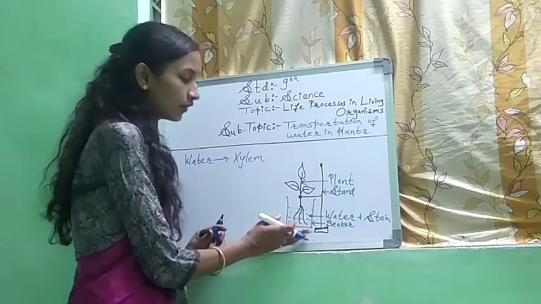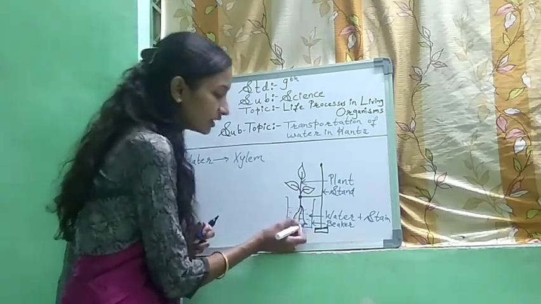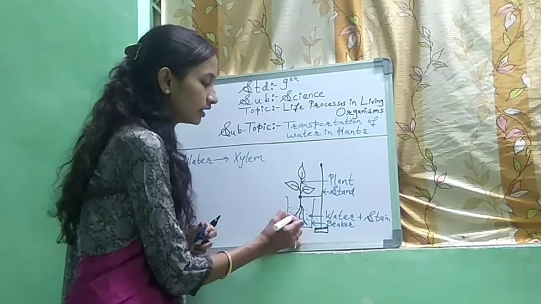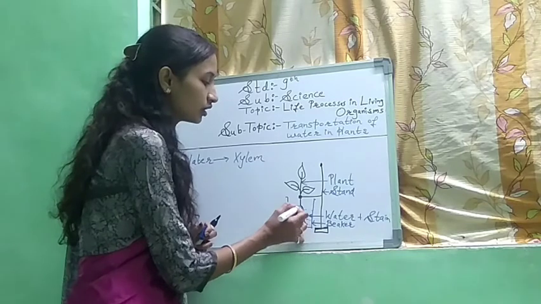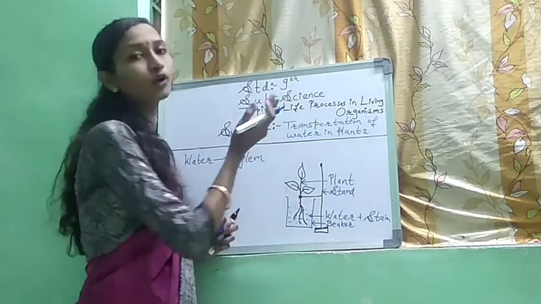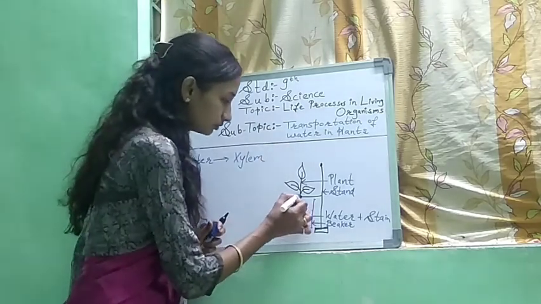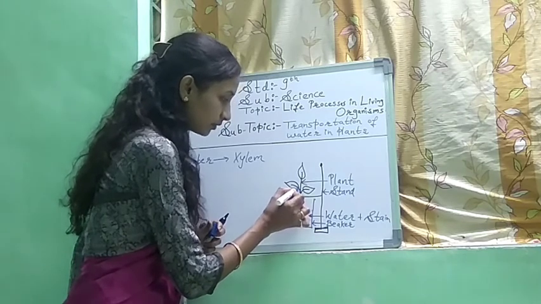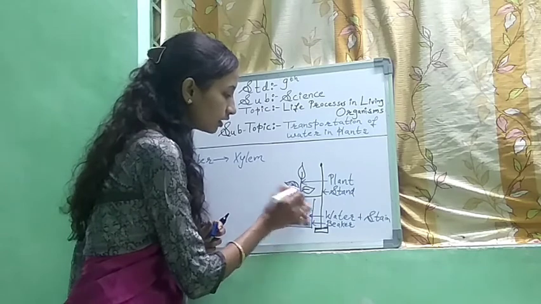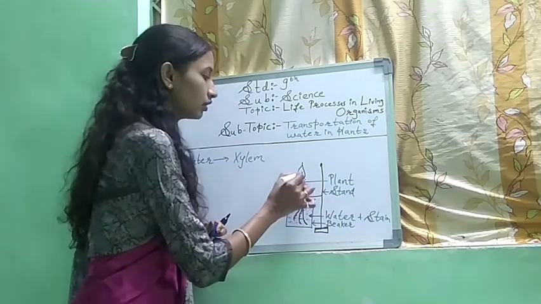After 2 to 3 minutes, what you will observe is that these root cells are becoming reddish in color. Thereafter this reddish color will go upwards, showing the movement of water from the downward direction to the upward direction. Then the stem and the veins of these leaves will be reddish in color.